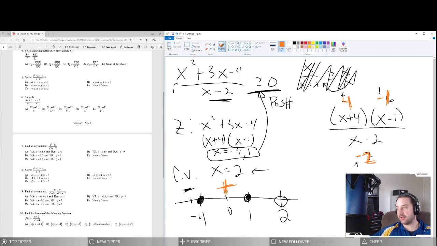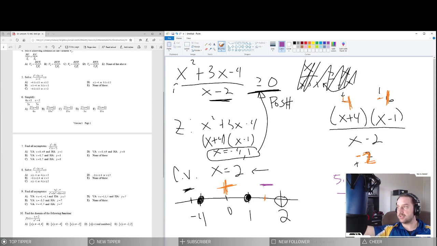Then I need to test a value here, like 1.5. I'll do 1.5 in purple. So 1.5 plus 4 is positive 5.5 times 1.5 minus 1, so 0.5. And then if I did 1.5 on the denominator, I get -0.5. So a positive and a positive and a negative give me a negative.